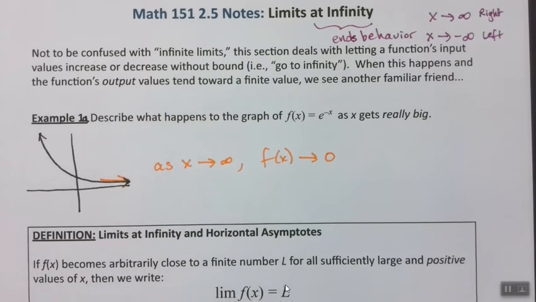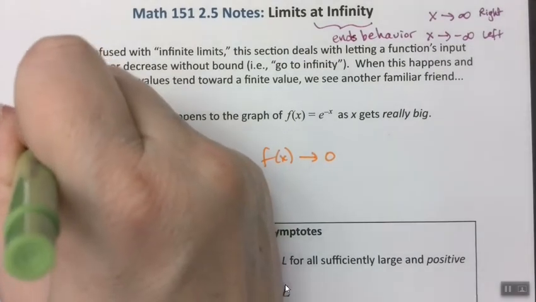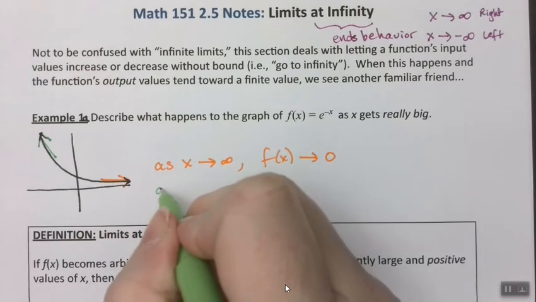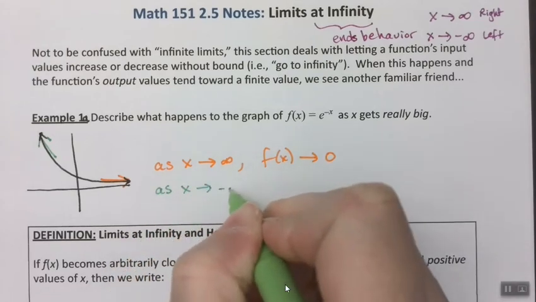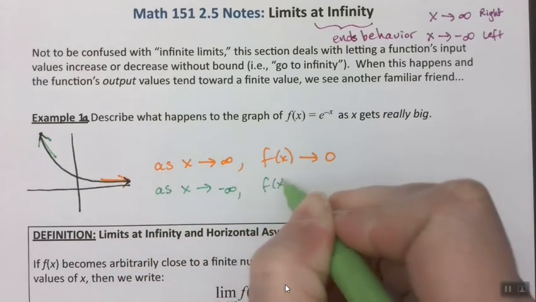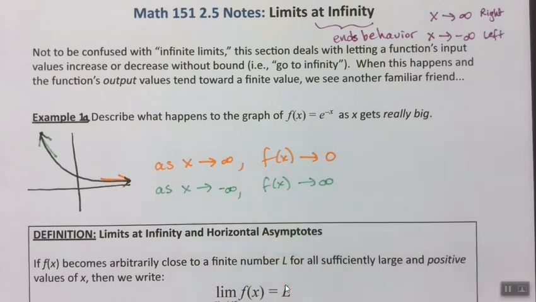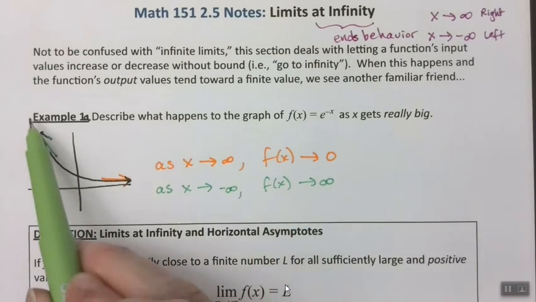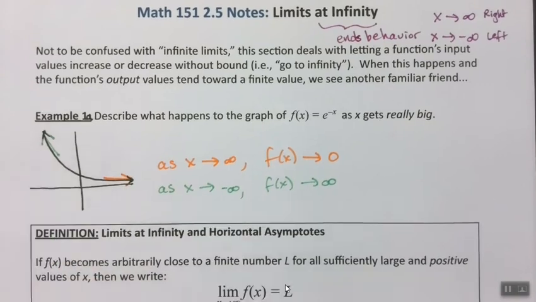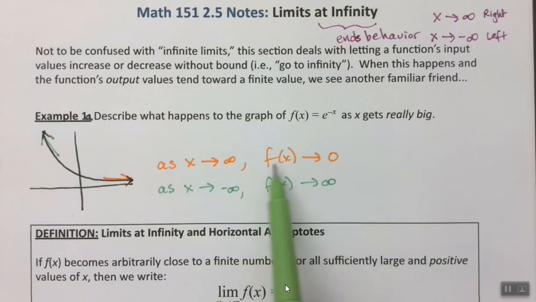Just on a side note, on the other side, it's actually going off to infinity. So as x goes to negative infinity over here, f of x is actually going to positive infinity. So it's shooting up, up, up over here. So that one doesn't really give us anything good. But this part right here, this orange part, that is giving us something good.